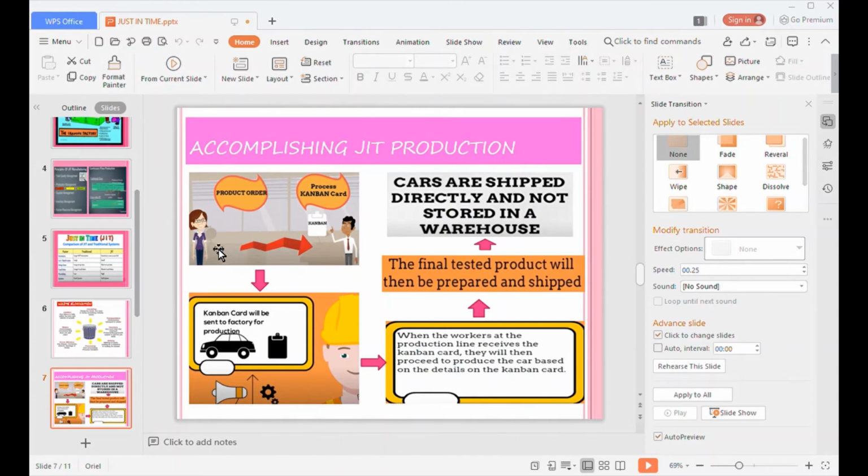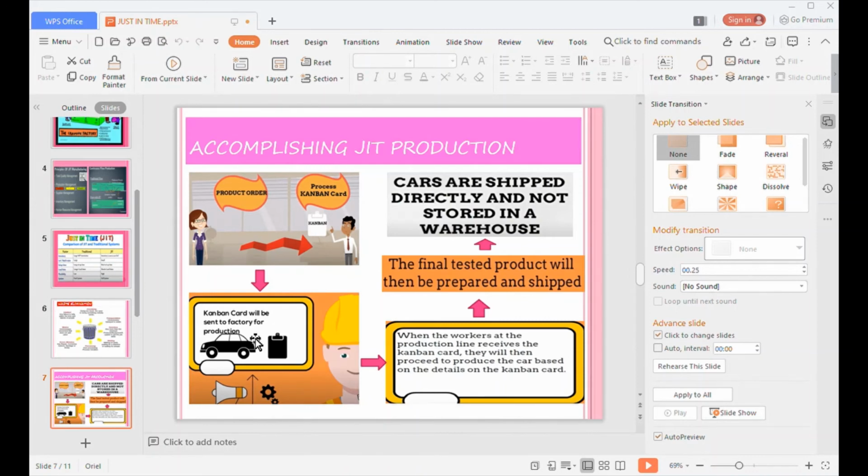From the moment the customer orders, okay, this is a product order, the Kanban card is made. Kanban card, guys, contains all the specifications, all the details, all the needed parts of the ordered product. Then after that, the Kanban will be sent to the factory for production.